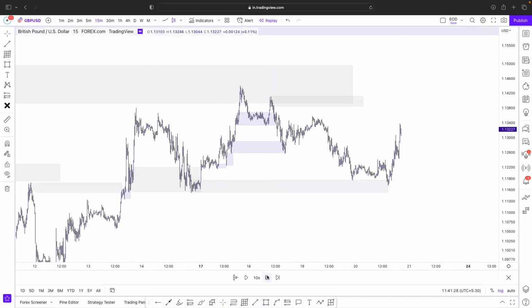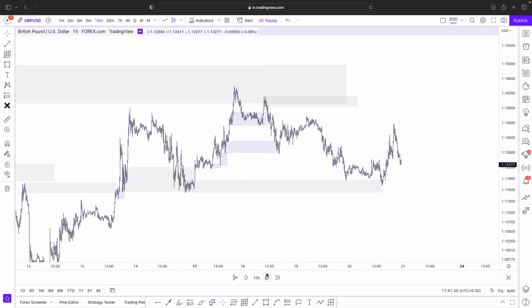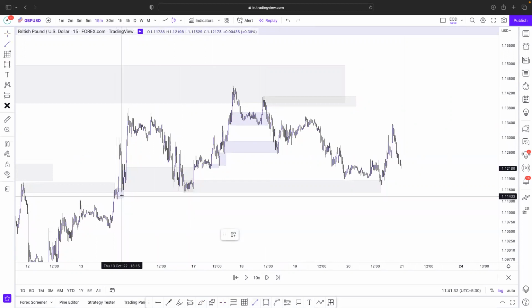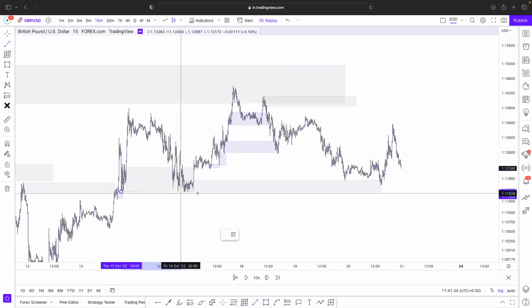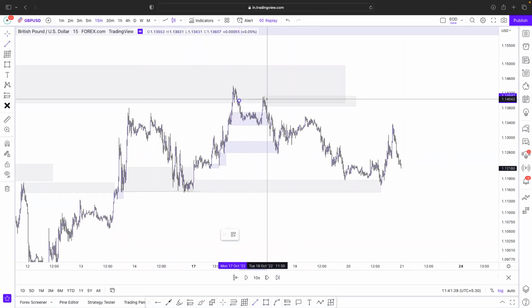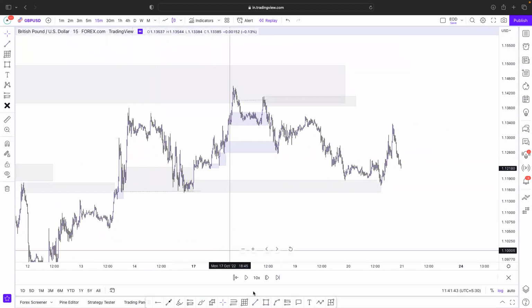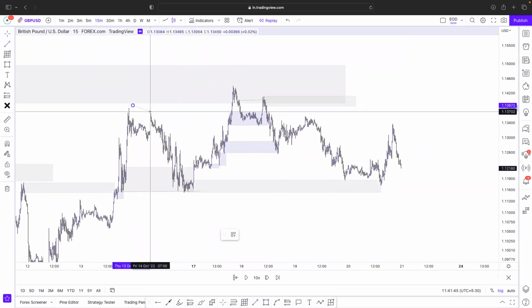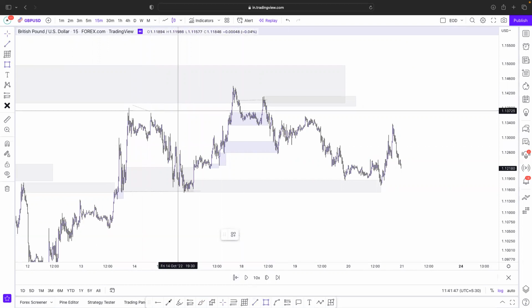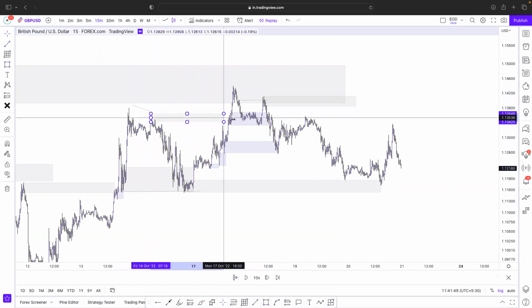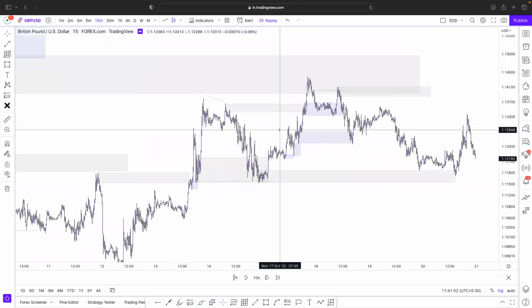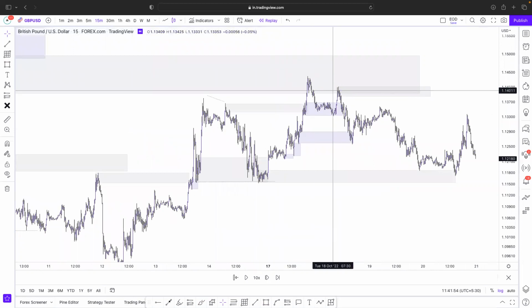I have been telling you some stuff: there was no liquidity below this POI because it has a sweep over there. This was the POI which had the liquidity above. If there is liquidity above the POI, this POI will get swept. See, it gets swept. So this was the main reason I was testing it.